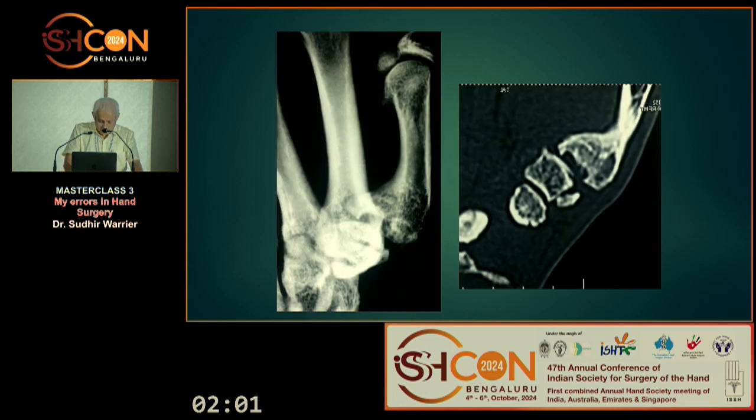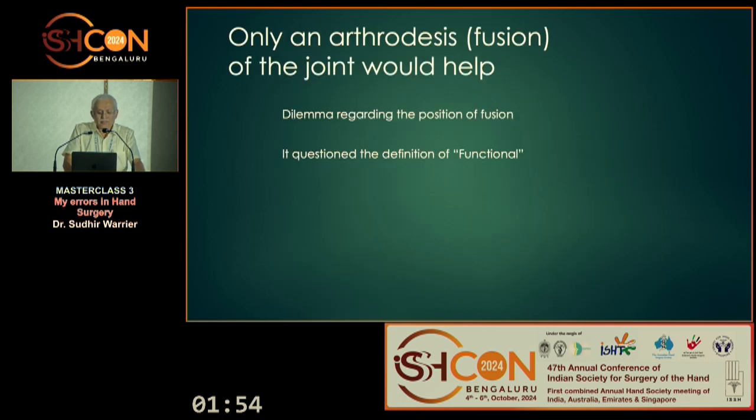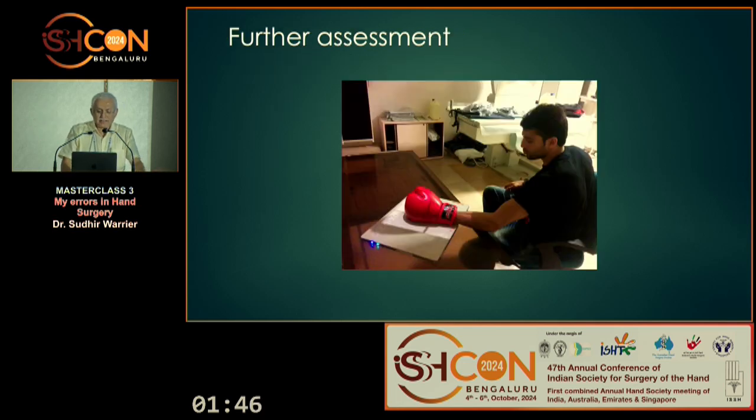So this is a boxer who had a fracture and he kept on boxing, and I decided to fuse him in the functional position. But then he said, no, my boxing glove needs my thumb to be in a different angle. If I don't box, I can't do anything else. So I get the gloves on, I get x-rays, I calculate the angle at which I'm going to fuse him.